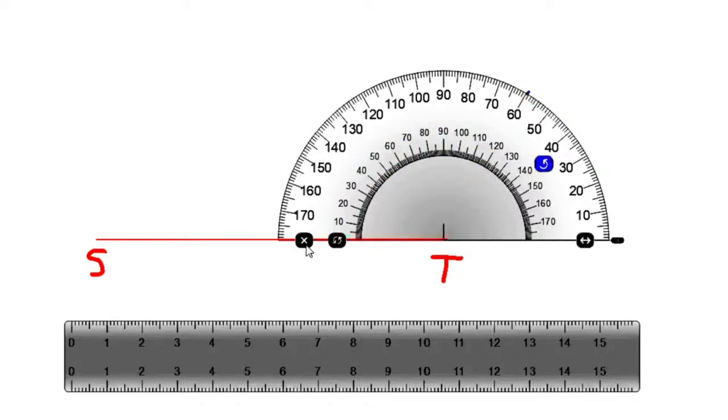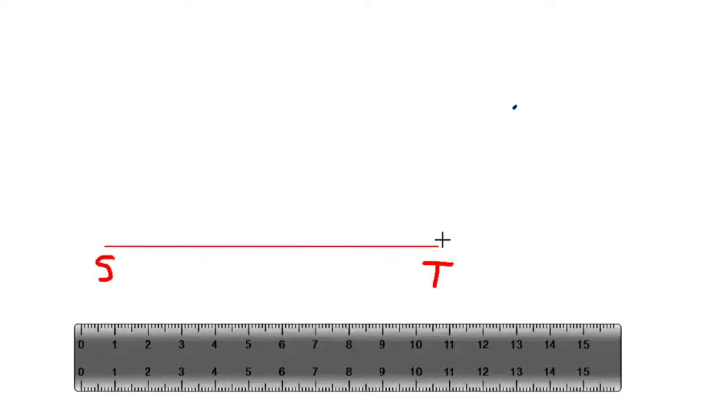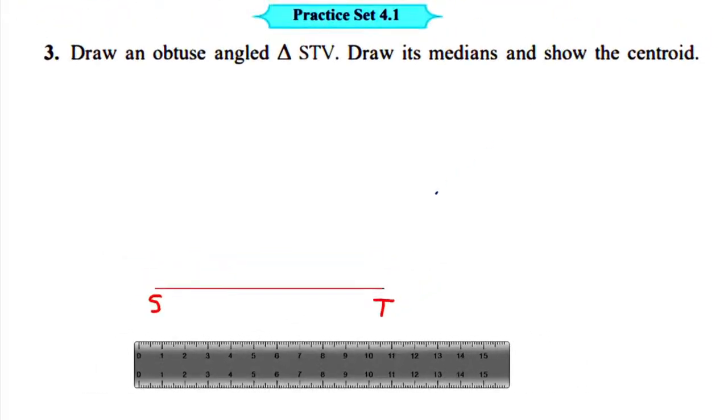Remove the protractor and draw a ray passing through the point at 120 degrees. This is ray TK. Take point U on the ray TK and join the points S and U. This is the required obtuse angle triangle. The measure of angle T is 120 degrees.